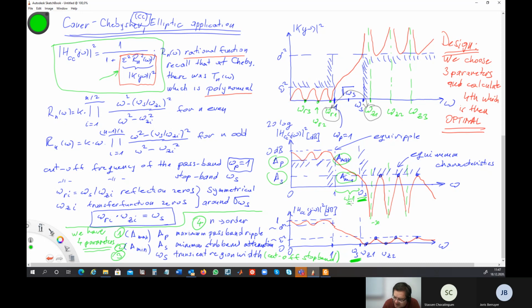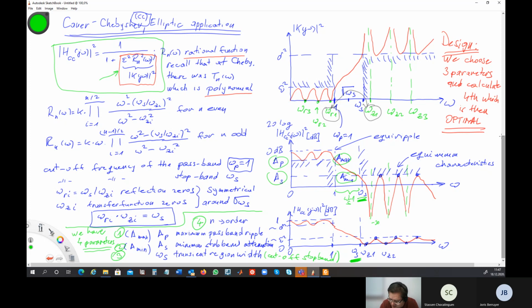And then what we calculate is n, which order filter we need. So this is all we have to say for now about this kind of elliptic filters.